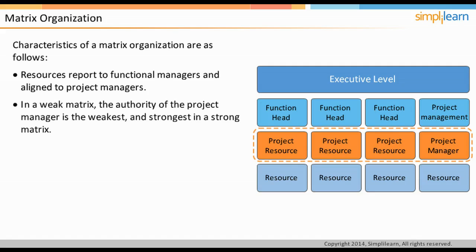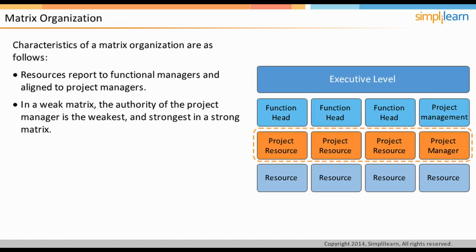In a weak matrix, the authority of the project manager is the weakest and strongest in a strong matrix structure. The titles given to project managers in functional or weak matrix organizations are project expediter or project coordinator. They would be called project managers in a balanced or strong matrix structure and have slightly more authority over the time of the team members.